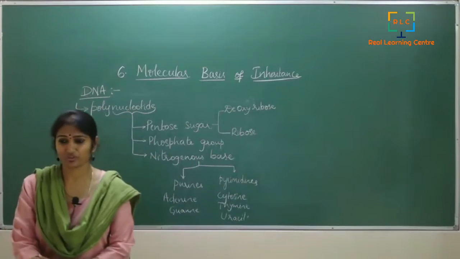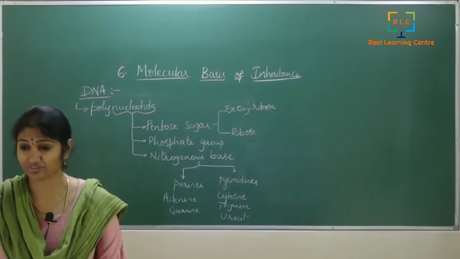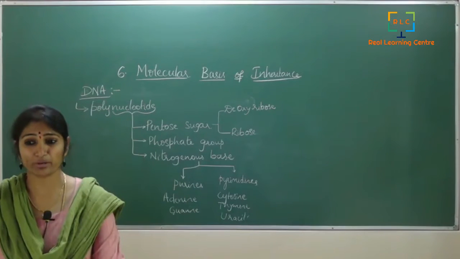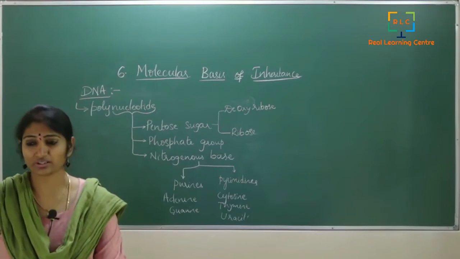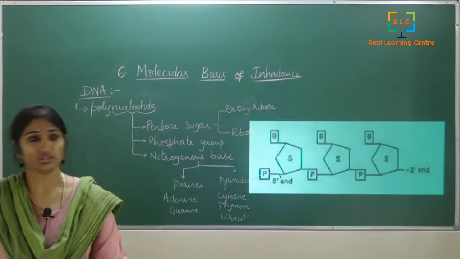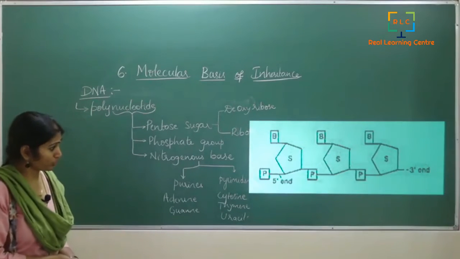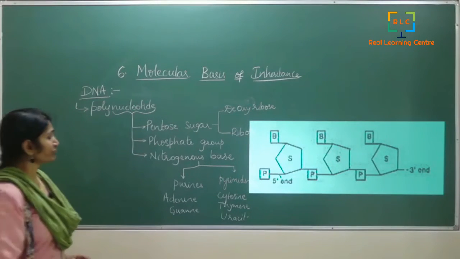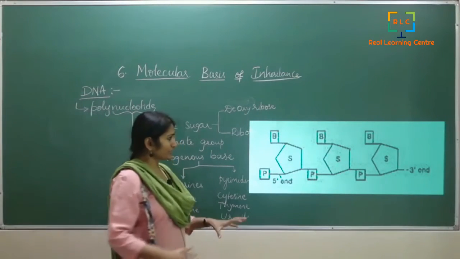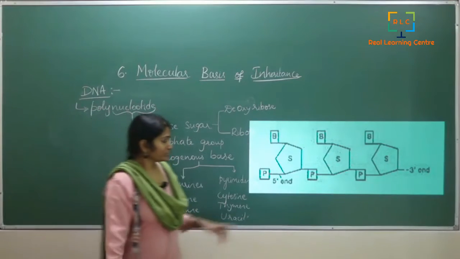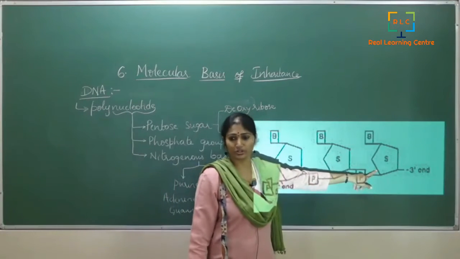But we should not stop at this, right? We should study more about our DNA. So what I will do is show you this particular structure. I hope you can see this. Looks pretty clear. So how exactly are all these joining? You see, this is basically a pentose sugar.